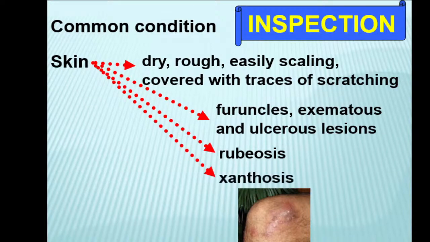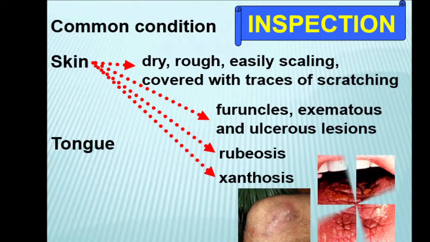We can see a specific yellowish coloration of palms and soles, xanthosis, not to be mixed with xanthomatosis. Xanthomatosis is a collection of cholesterol under the skin in the areas of eyelids, elbow or knee. Xanthosis is a specific yellowish coloration of the palms and soles.